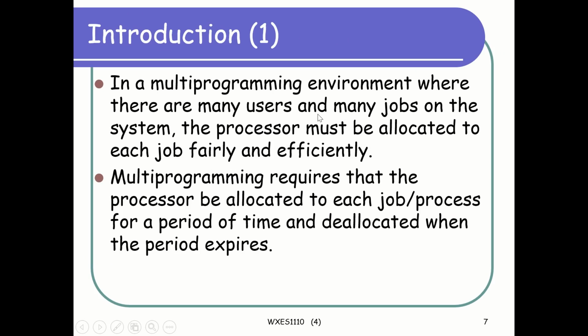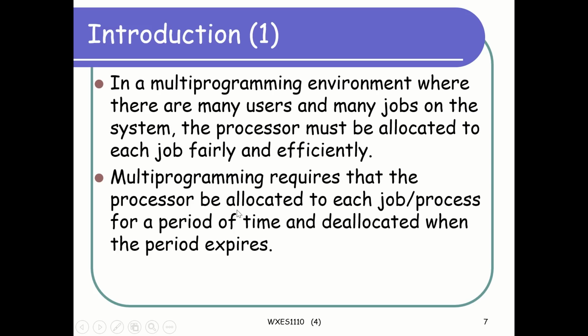In a multi-programming environment where there are many users and many jobs on the system, the processor must be allocated to each job fairly and efficiently. So the CPU management must be able to allocate each job fairly and efficiently.